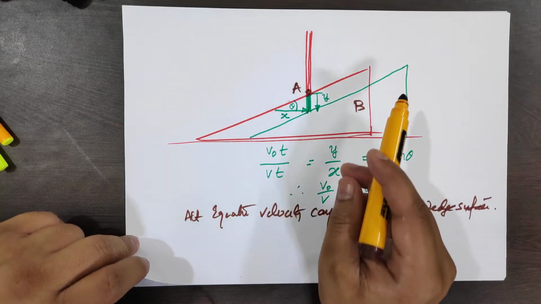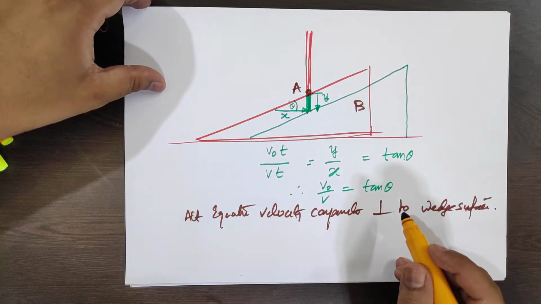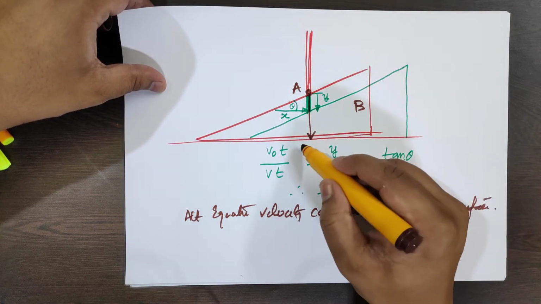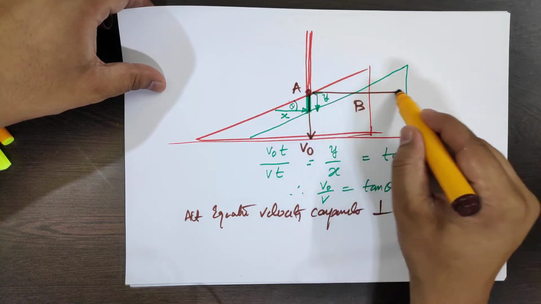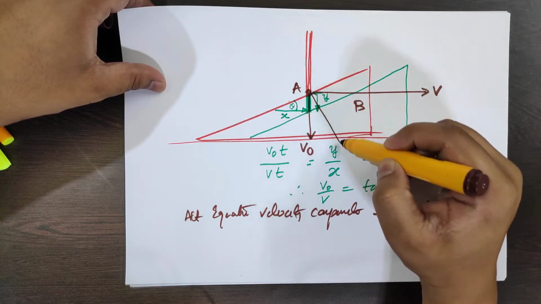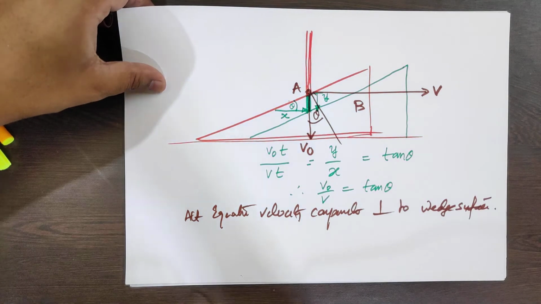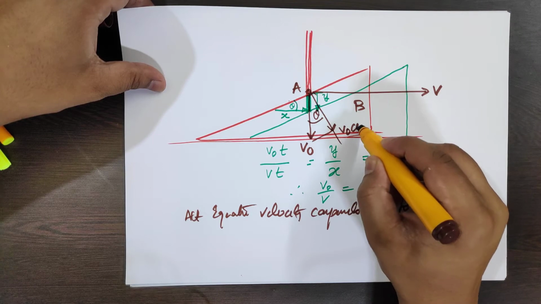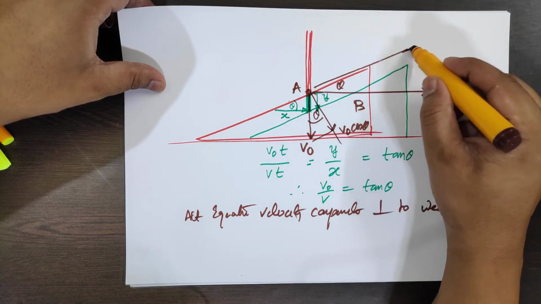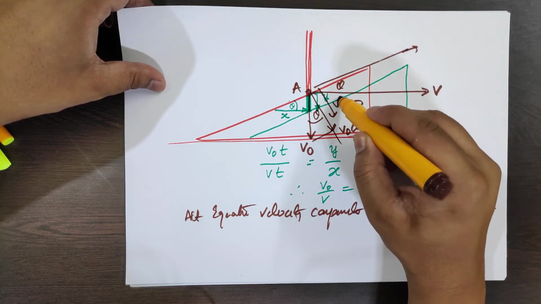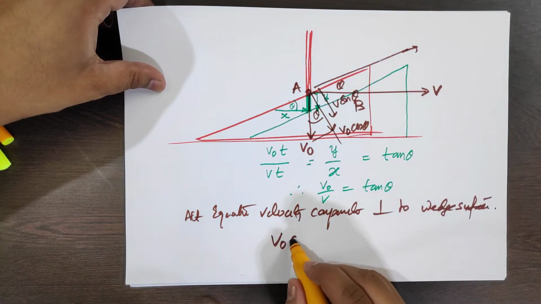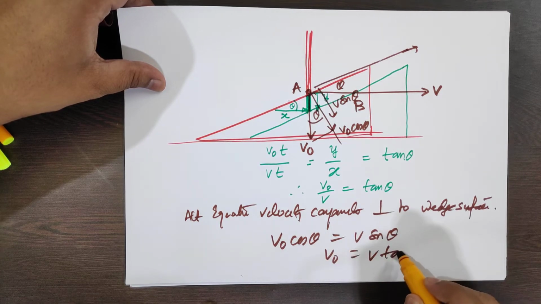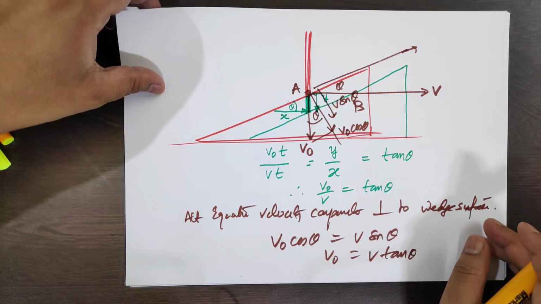So their perpendicular components have to be equal. So here this is V naught and this is V. So this is theta. So this component is V naught cos theta and this is theta. So what about this component? V sin theta. So you can equate V naught cos theta equal to V sin theta. So V naught equal to V tan theta in this way.